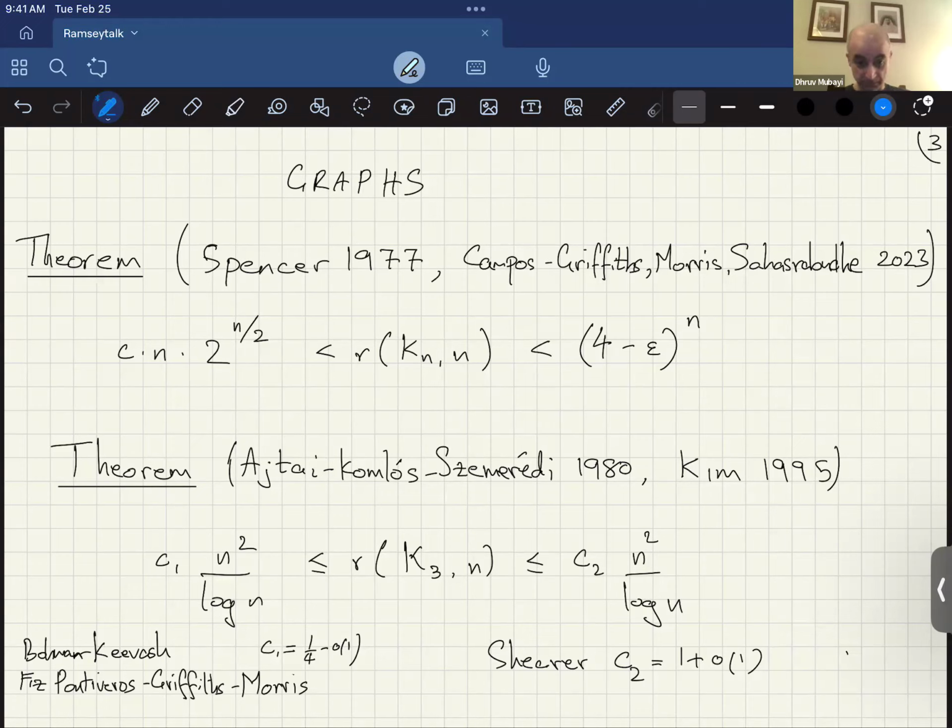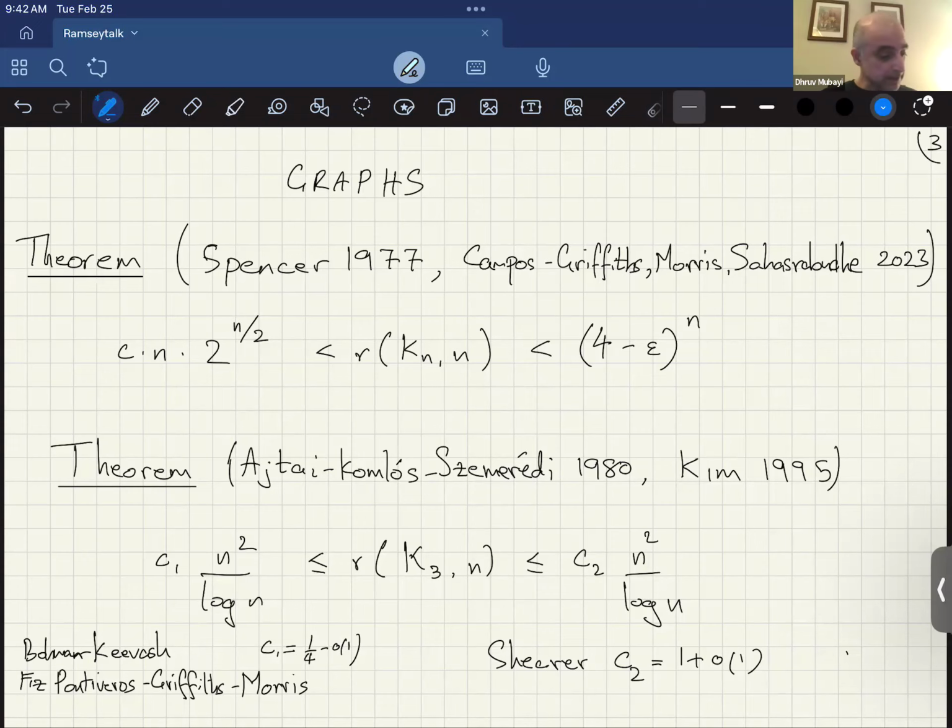It's a major open problem to decide whether the answer should be 1 or a quarter. Actually, it's interesting: the gap is a factor of 4 between the constants in R(3,n). It was also a factor of 4 in the exponent for the diagonal Ramsey numbers, but they have nothing to do with each other.